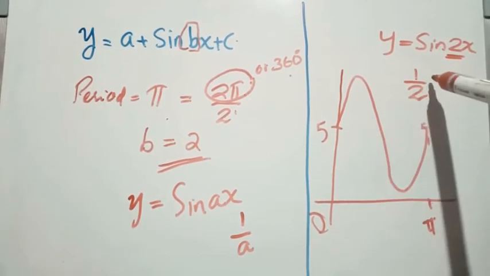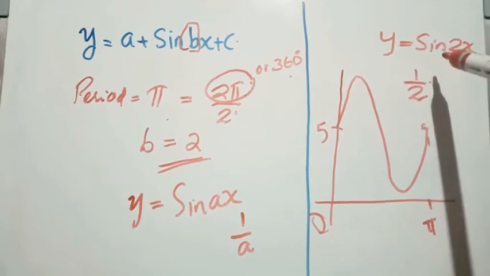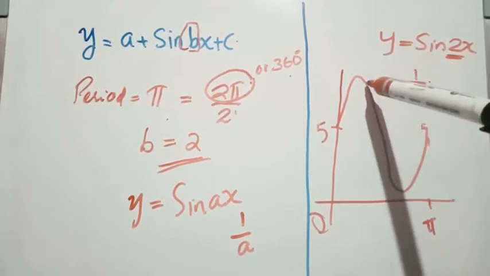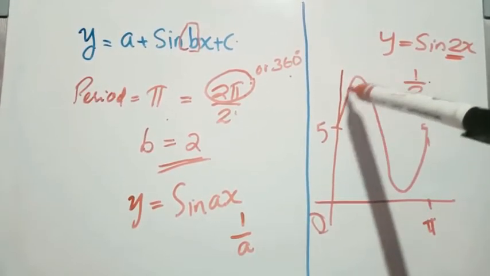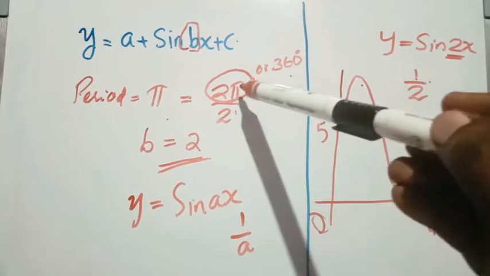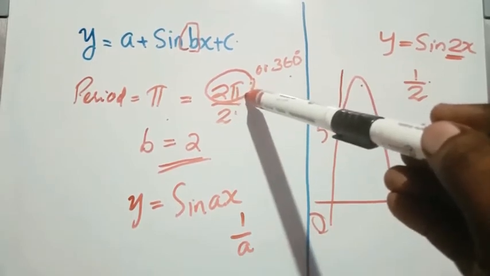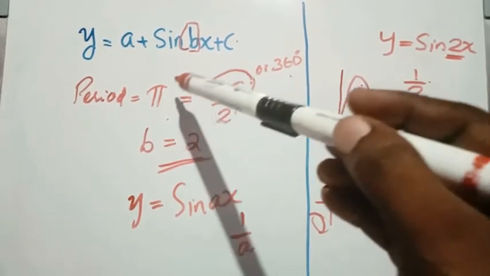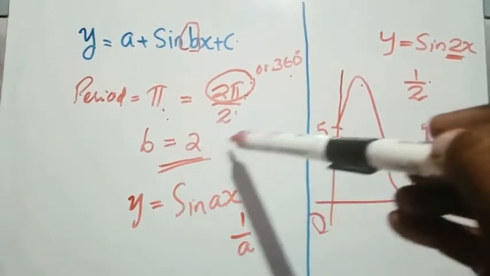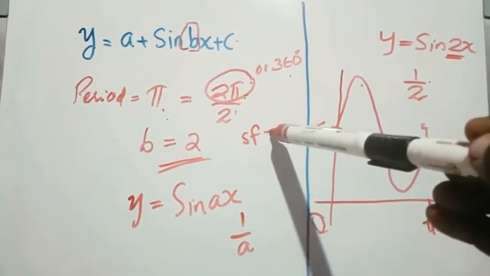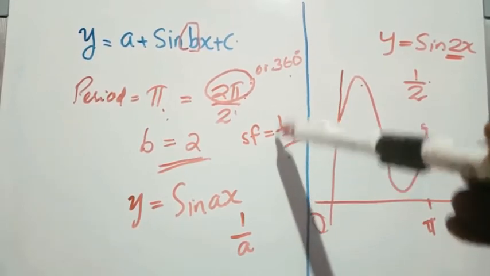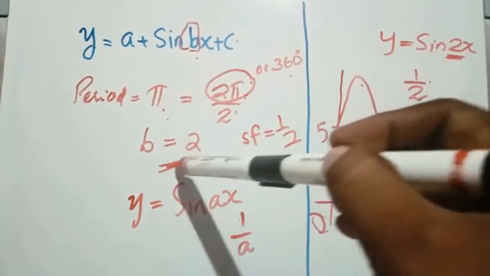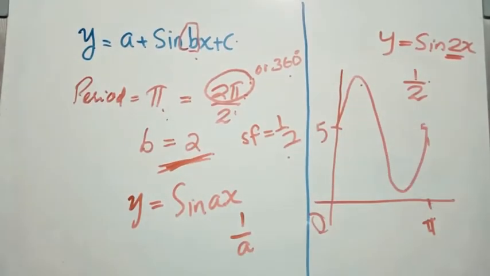In such cases, as we have discussed already, 360 degrees will be changed to 180 degrees, or 2 pi radian changed to pi radian as the period. So here the actual period is 2 pi radian, but in this particular question it is changed to pi radian because the stretch factor is 1 by 2. As the stretch factor is 1 by 2, we get b as 2. That's the value of b.